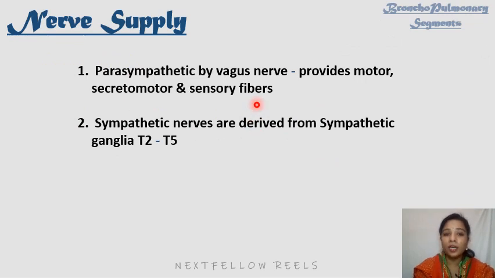The lung is an involuntary organ, not under your control, so it is supplied by the autonomic nervous system, sympathetic and parasympathetic. The parasympathetic supply is by the 10th cranial nerve, the vagus, which provides motor, secretomotor and sensory fibers. The sympathetic nerves are derived from the sympathetic ganglia, T2 to T5.